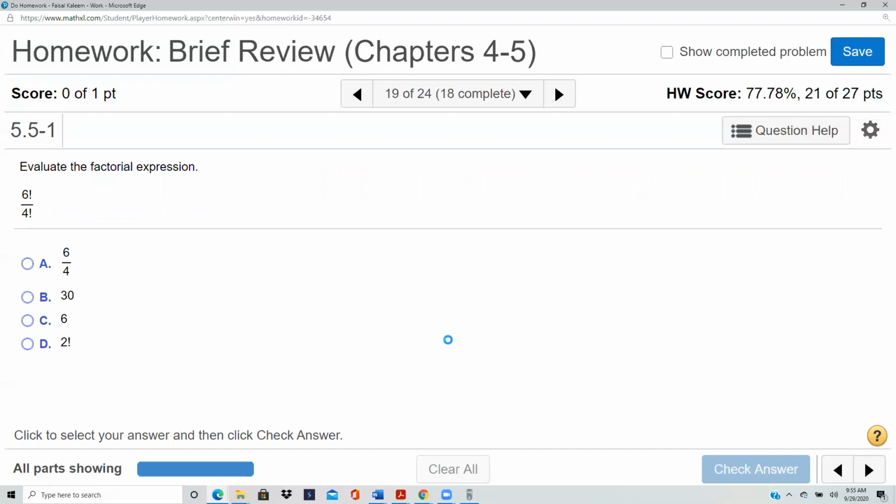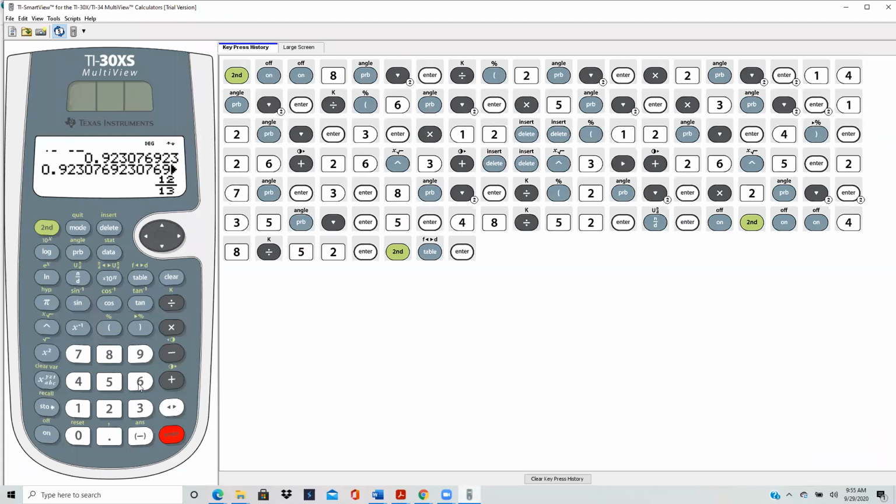So how would you do this? 6 factorial divided by 4 factorial. With the calculator? Okay. But do you remember a problem in the homework where there were very big numbers which the calculator was overflowing? I do remember that, but I don't remember what we did about it.